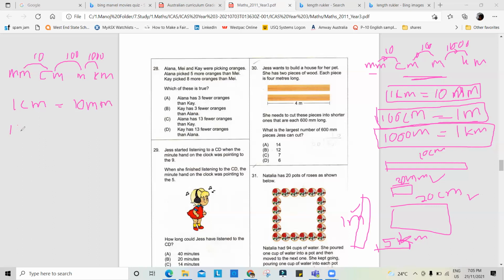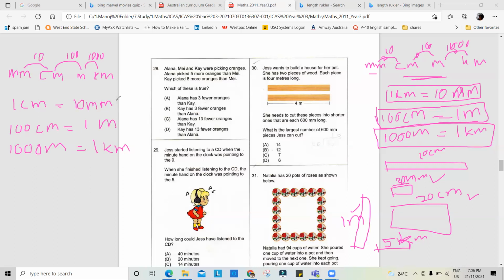And 100 centimeters equal to how many meters? 1 meter. And 1000 meters equals to 1 kilometer. Now, can you give me an example for millimeters?